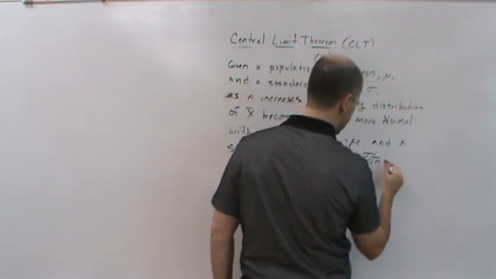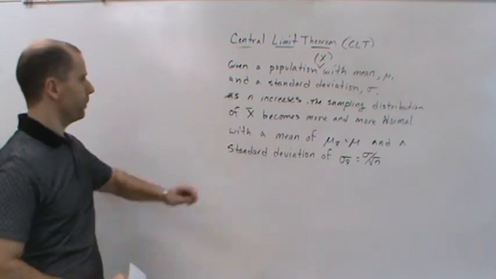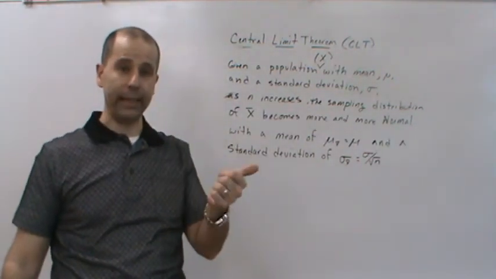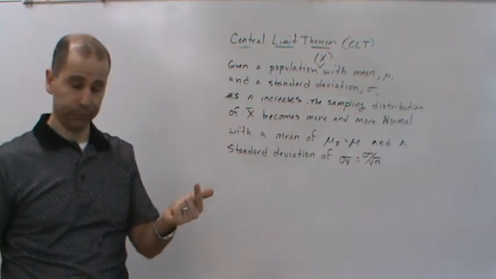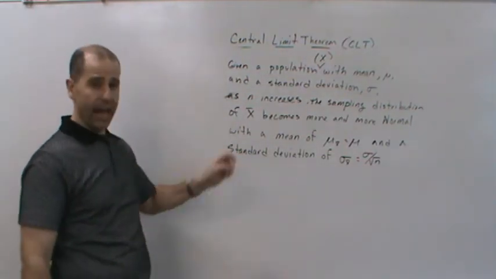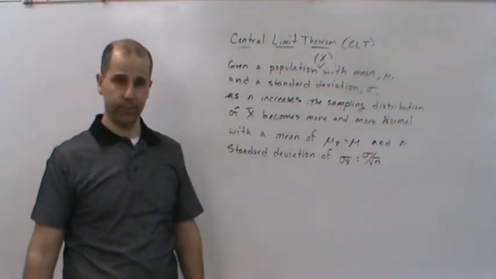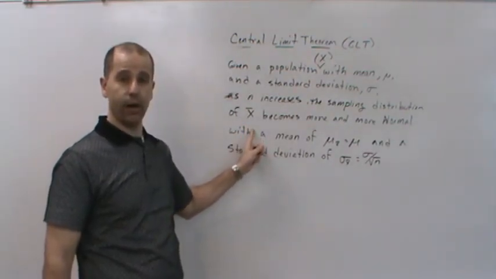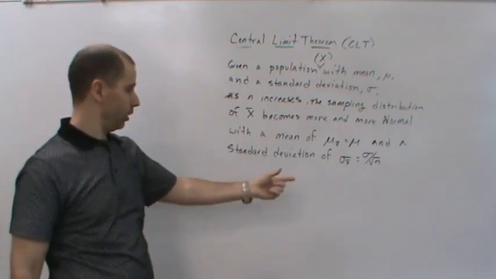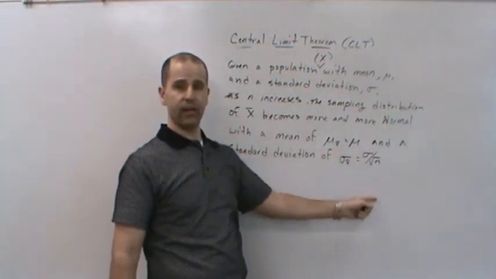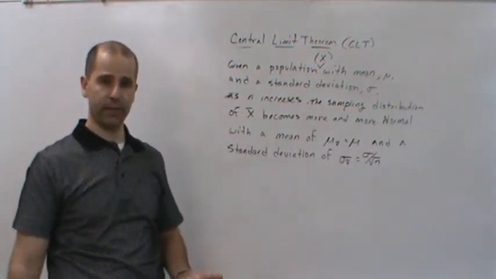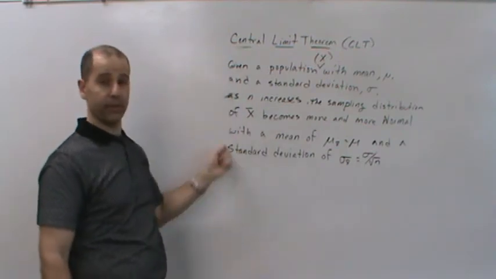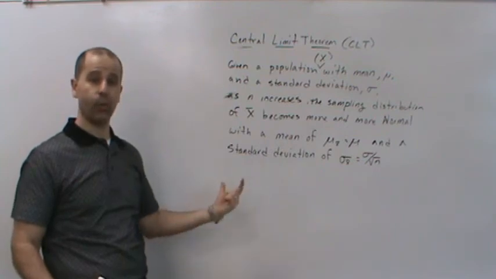So here's the gist of it. The central limit theorem says that if we are given a population with a certain mean and a certain standard deviation, then as our sample sizes increase, the sampling distribution of x bar becomes more and more normal with a mean of mu and a standard deviation of sigma divided by the square root of n. That's what the central limit theorem tells us, and that's how it works.